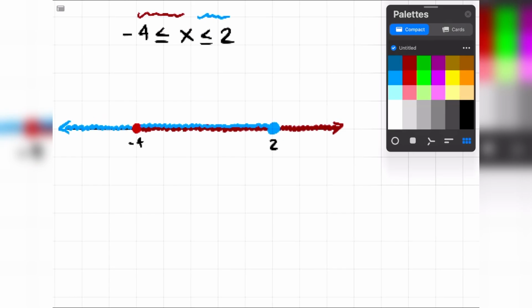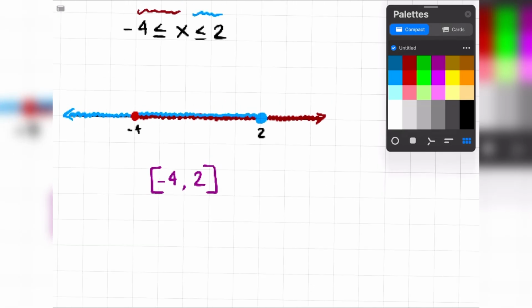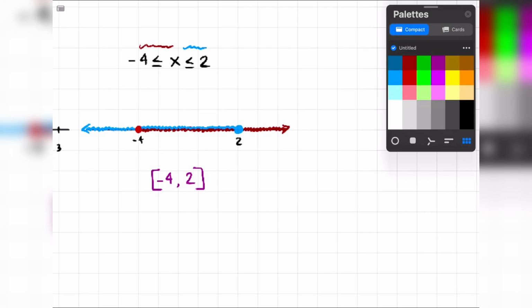Like we said, the solution does not go past -4 and it does not go past 2, which means in this case, from left to right, the leftmost point would be -4, comma, the rightmost point would be 2. And because both points are being included, you bracket these two in, and there's your answer. -4, 2 in brackets. Okay?